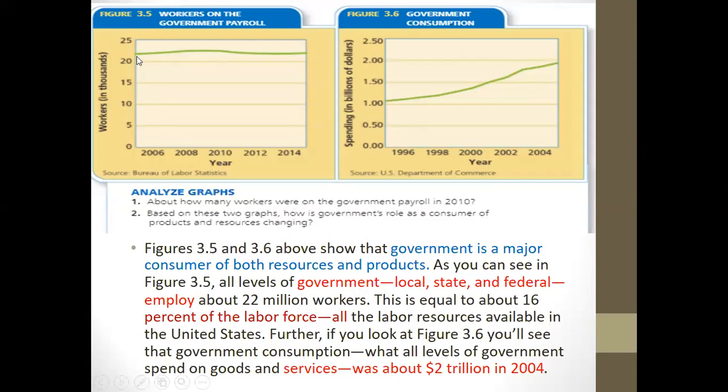Más o menos, arriba de 2 millones acá. 22 million workers. This is equal to about 16% of the labor force en los Estados Unidos de América.